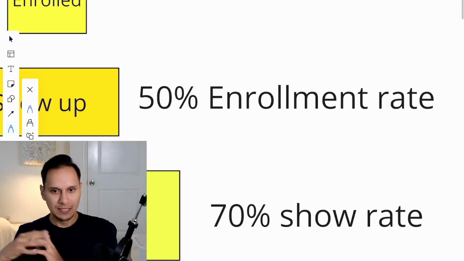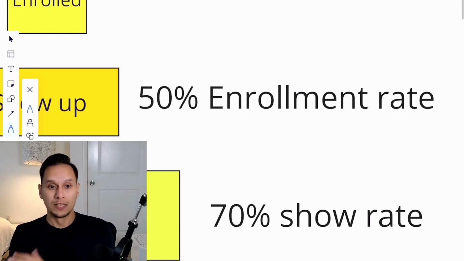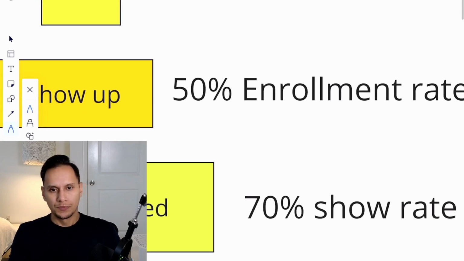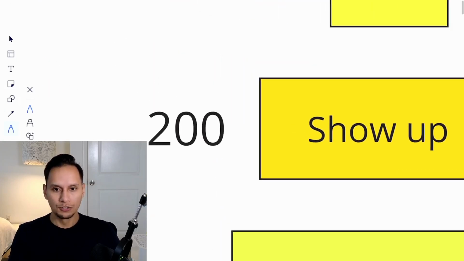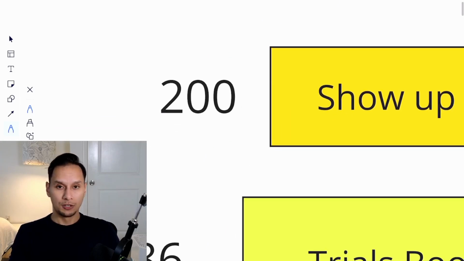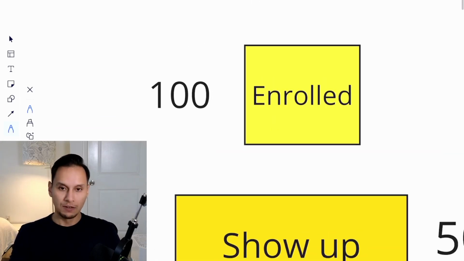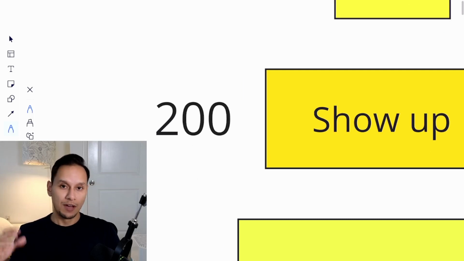And I've seen that with many studio owners who are really good at sales. Now, let's just say 50% for the sake of this video. So you need 200 people to show up at your studio if you want to get 100 of them to enroll, right? So if you have 50% conversion rate, 50% of 200, that's 100.